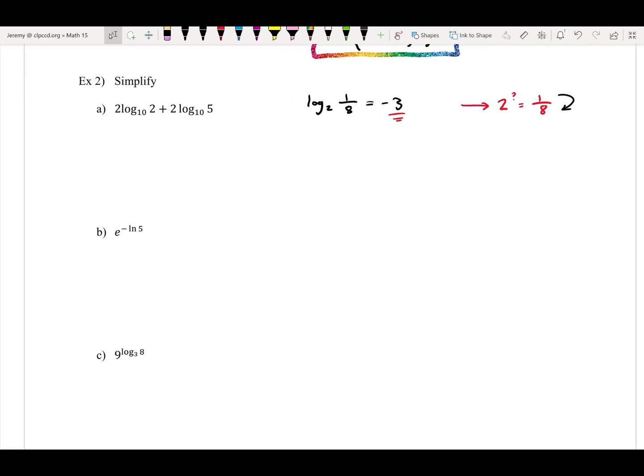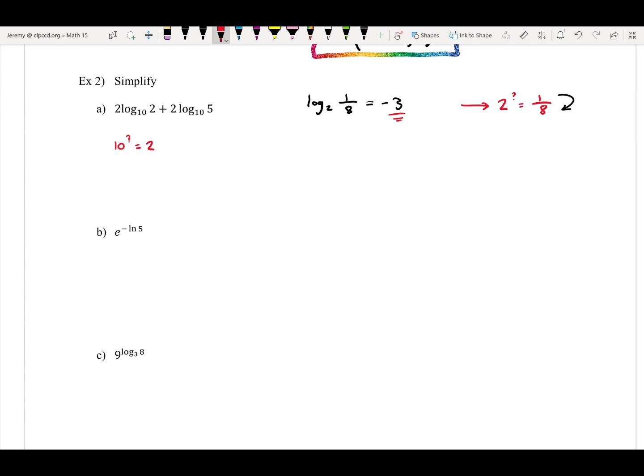Looking at part A over here, I might start by trying to evaluate these two logarithms that I have. These are both log base 10. And I would be thinking, okay, for this first one, 10 to what power is equal to 2? This is not a very nice one, right? Like, I can't think of any power that I could raise 10 to that would give me 2.